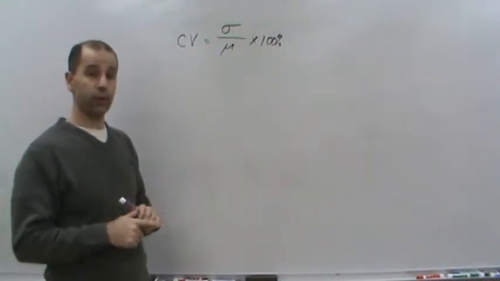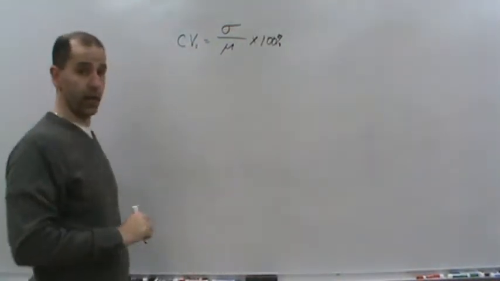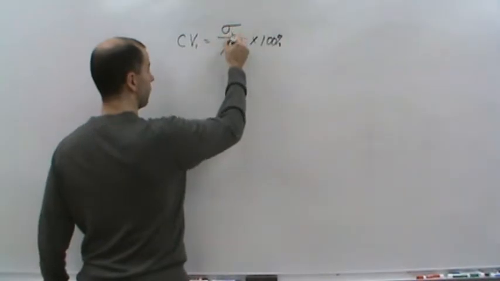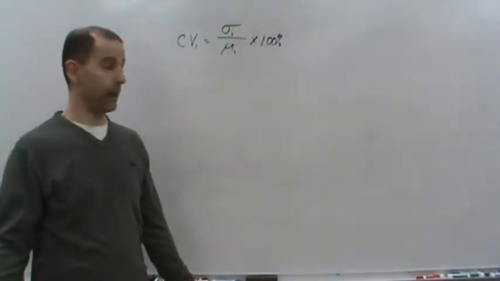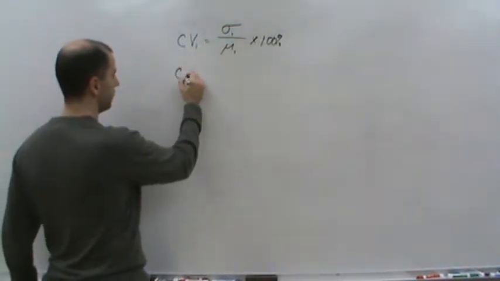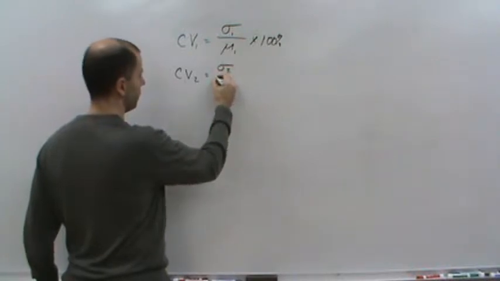So if I have 2 different populations, I could calculate the coefficient of variation for each one, because I would have a standard deviation and a mean for one population, and then I could calculate the same thing for the second population.